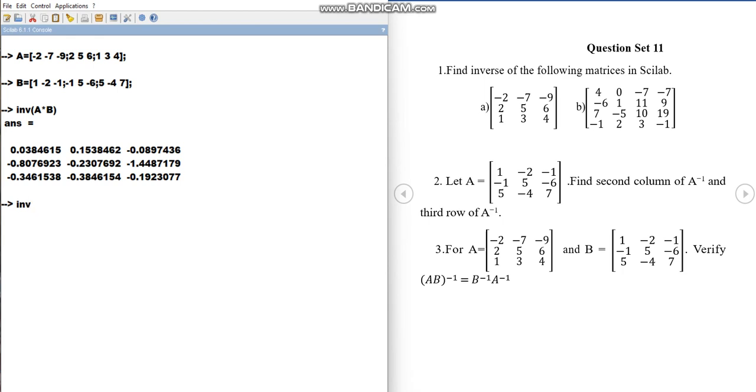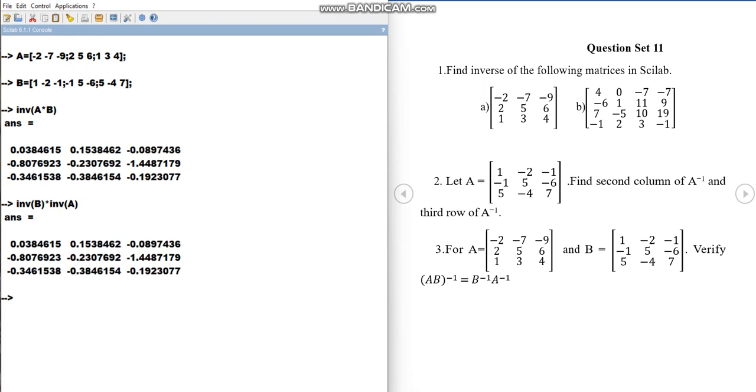Then let us find inv(B)*inv(A). So these are the same. We are asked to verify the fact, so we can write in a comment that yes, it is verified, when we are solving examples for the examination. It is verified that the inverse of A into B is inverse of B into inverse of A.